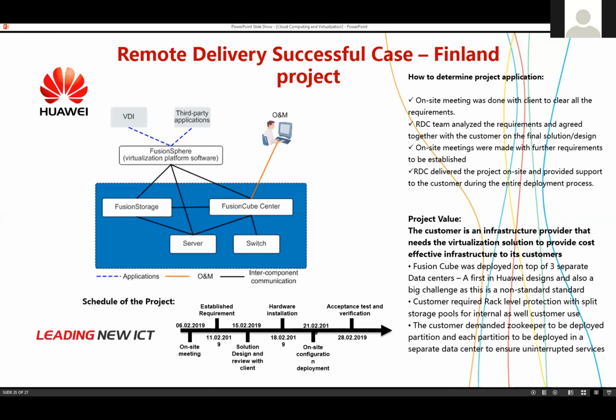But we also have a third, because if you remember, I told you that we need to deploy MDC and Zookeeper in 3, 5, or 7 nodes. In this case, we had 3 nodes. So we deployed MDC and Zookeeper in the first data center, in the second data center, and we chose a third data center to deploy the MDC and Zookeeper components.